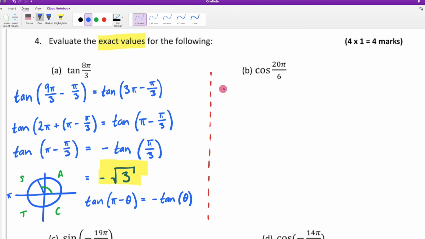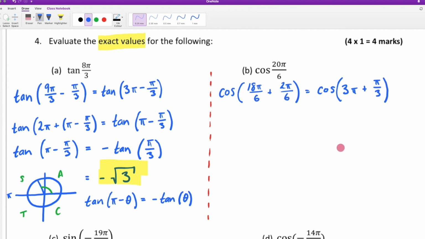So it's going to be cos of, and I'm going to break this up into 18 pi on 6 plus 2 pi on 6. That is going to be the same as cos of, 6 goes into 18 3 times, so 3 pi, plus pi on 3, because 2 over 6 is just 1/3.